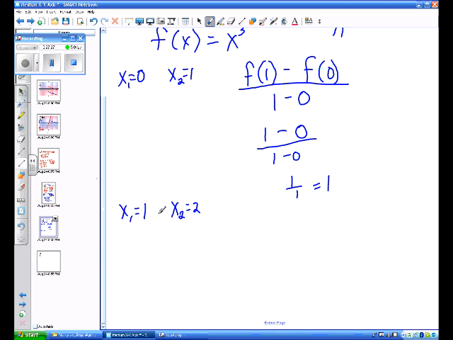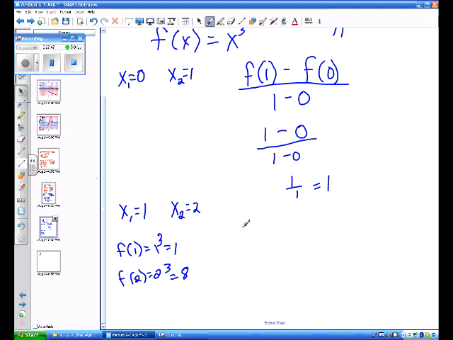And what you may want to do is go off to the side and find f of 1, which would be 1 cubed, which is 1. f of 2 would be 2 cubed, which is 8.